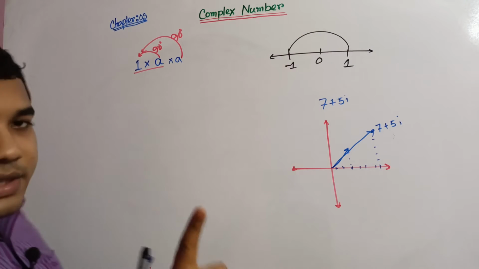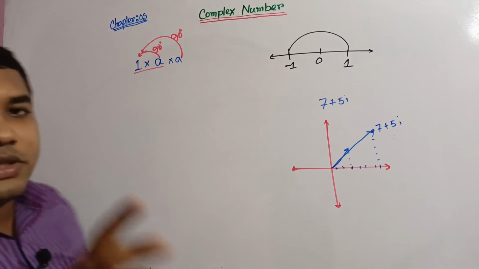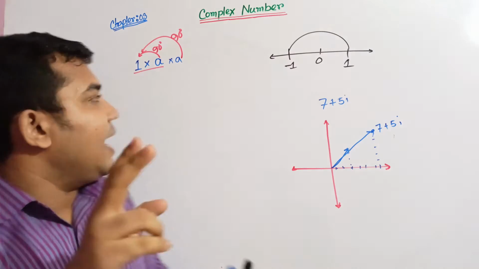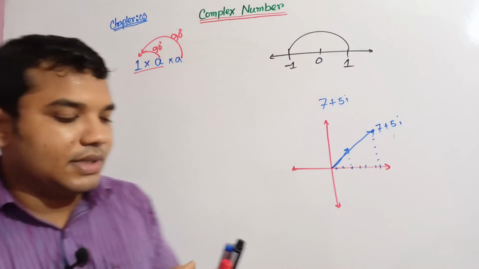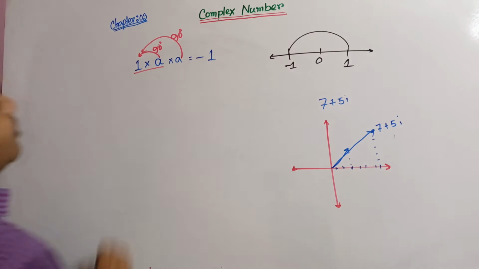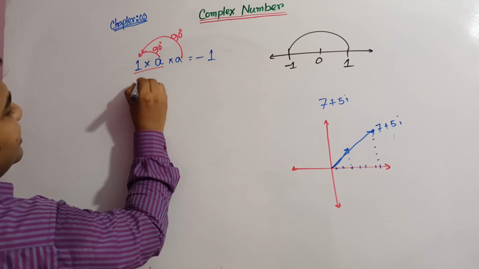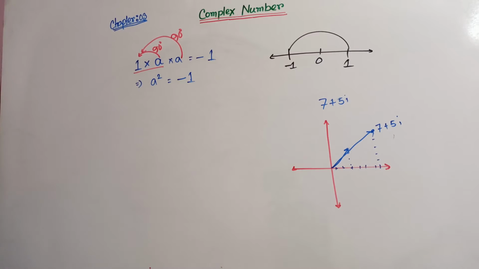Similarly, Euler's theorem also tells us that if 1 has been rotated by 90 degrees two times, and if the 90 degree rotation is denoted by some number, then we get the same number back with the negative sign. So we get -1, and from here we can tell that a squared equals -1.